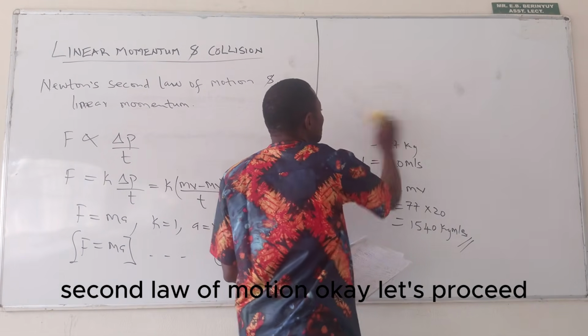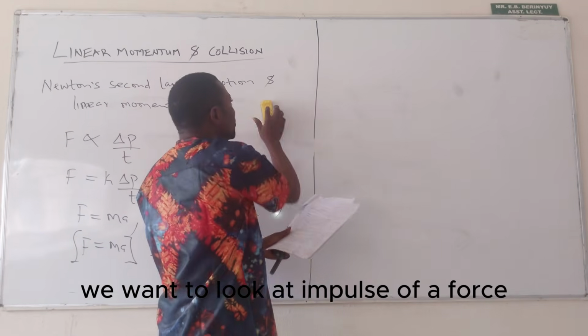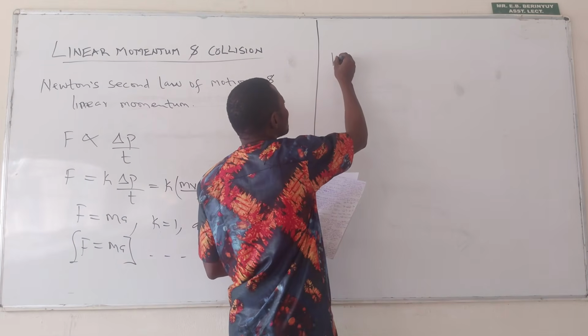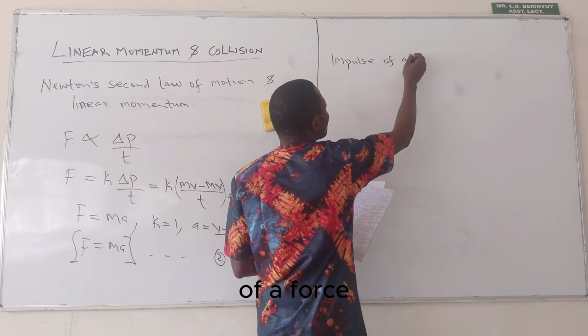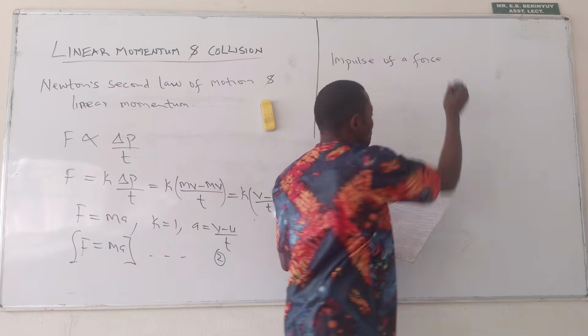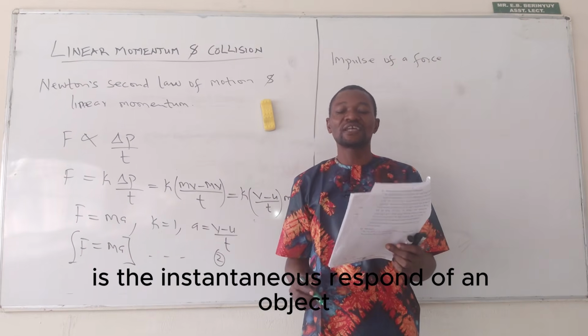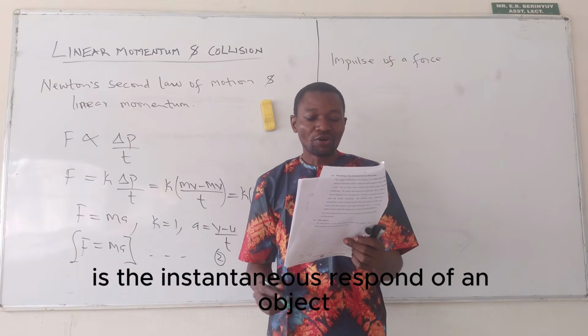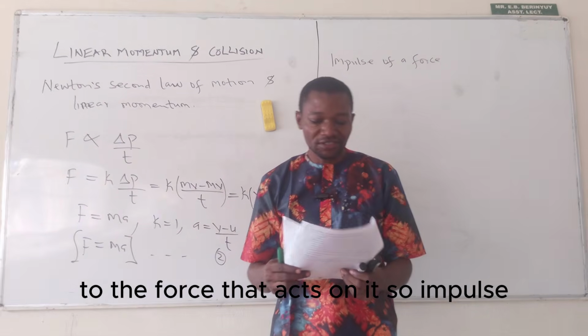Okay, let's proceed. We want to look at impulse of a force. The impulse of a force is the instantaneous response of an object to the force that acts on it.